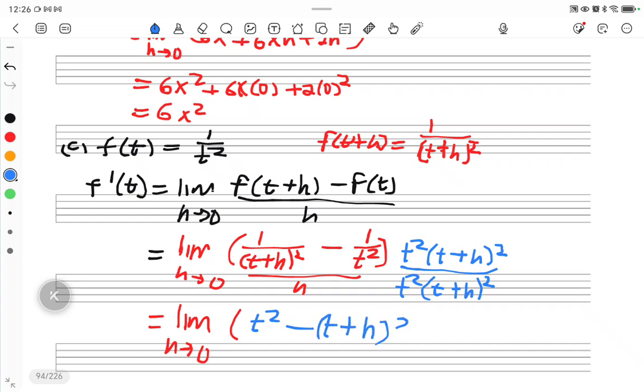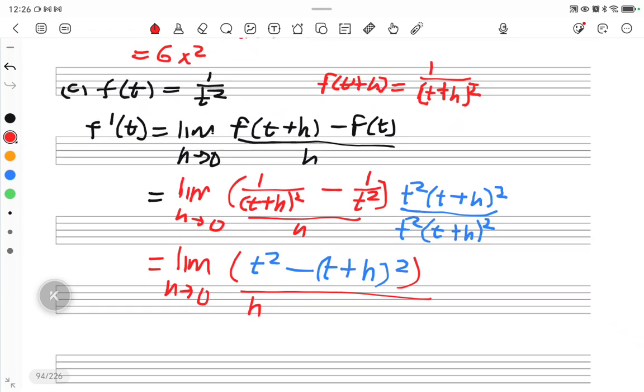Put brackets. You see, right? All over h. Then we have t squared, t plus h squared. You see, right? Then this would be the idea there.